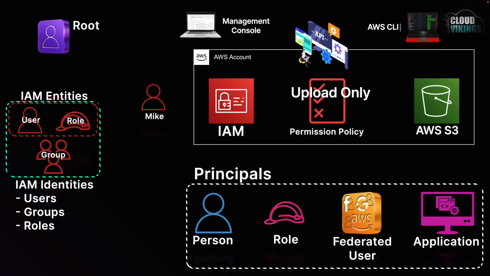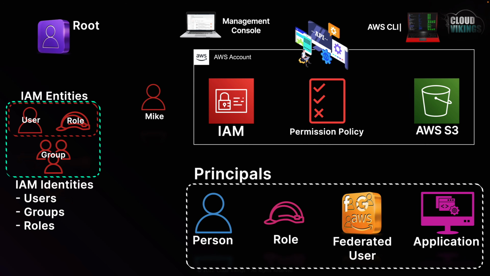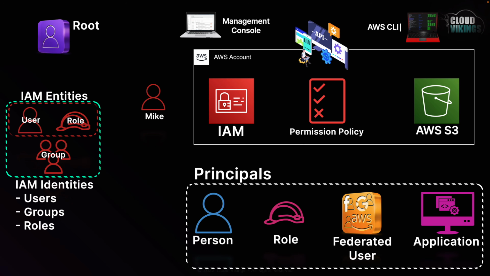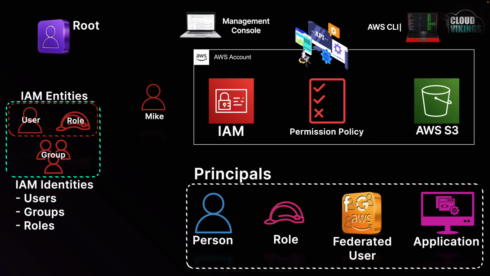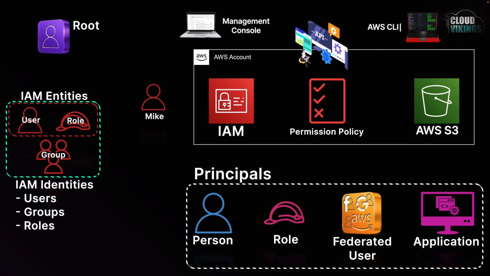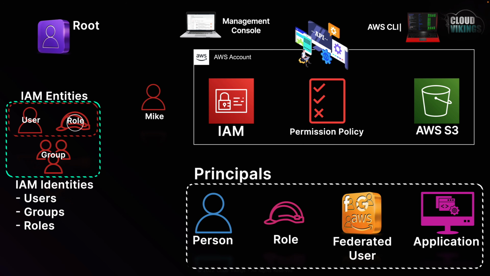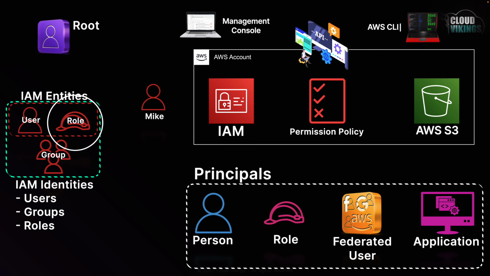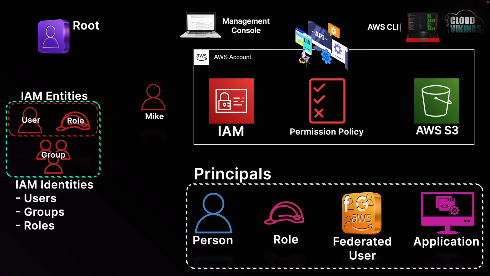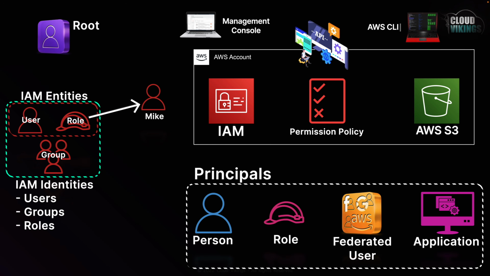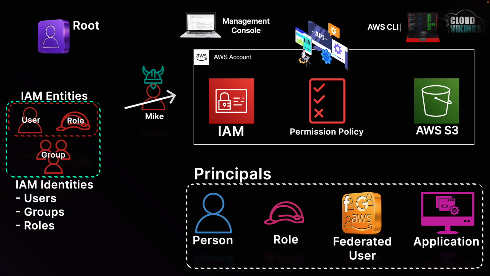We also don't want to open up Mike's permission policy to allow object deletion long-term. So we're just looking for a temporary way to elevate Mike's user permissions to perform the necessary delete action of the image. So with a role, assuming I have the permissions to assume, or borrow, this role in the first place, my Mike user can assume this role. And this gives me the temporary security credentials associated with it.